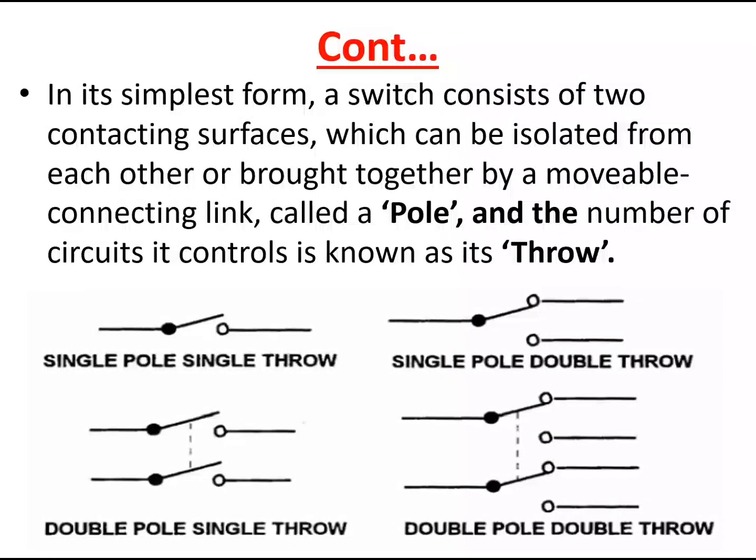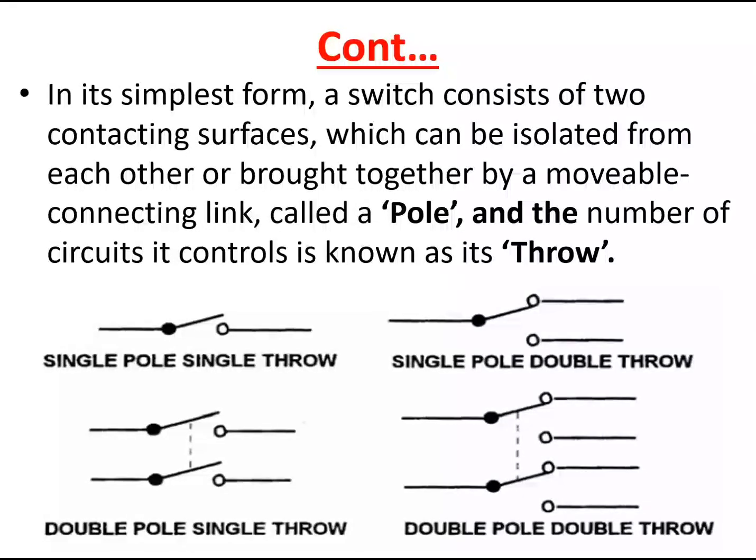In simplest form, the switch consists of contact surfaces which, when pressed or operated, isolate the system, and there is a moving link which is called a pole, and the number of circuits it controls is known as a throw.